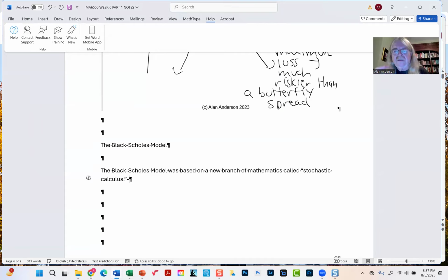Again, we won't get into this too deeply right now, but what it basically did was make it possible to take derivatives and integrals, especially of not just functions of x, but random variables. And it really is a very complicated area of study. This branch of math was developed by a Japanese mathematician in the late 50s.